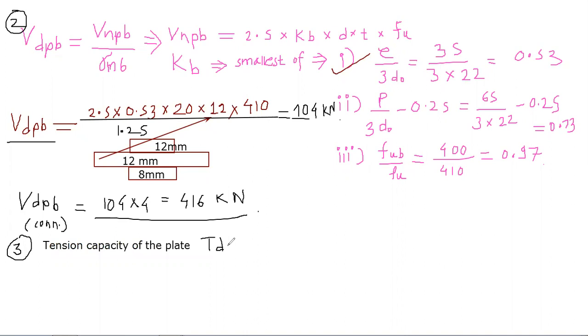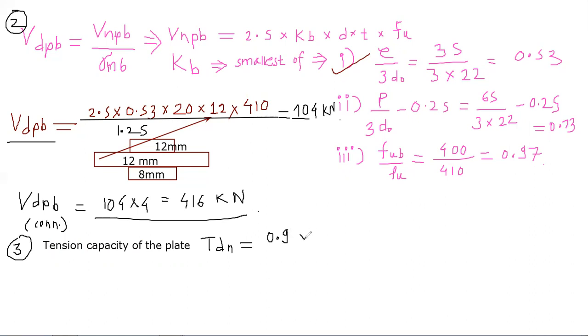So therefore the formula for this TDN, I will write it here: 0.9. Already we have seen this formula.